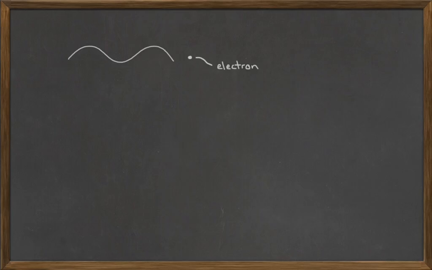Now, as we've defined it, this wave is a wave of electric and magnetic force, but for the present purposes, I'm just going to focus on the electric part. The magnetic part is actually pretty similar in most ways, but it's a bit more abstract. So we'll say it's a wave of electric force for the moment. And we'll say that this is propagating to the right.